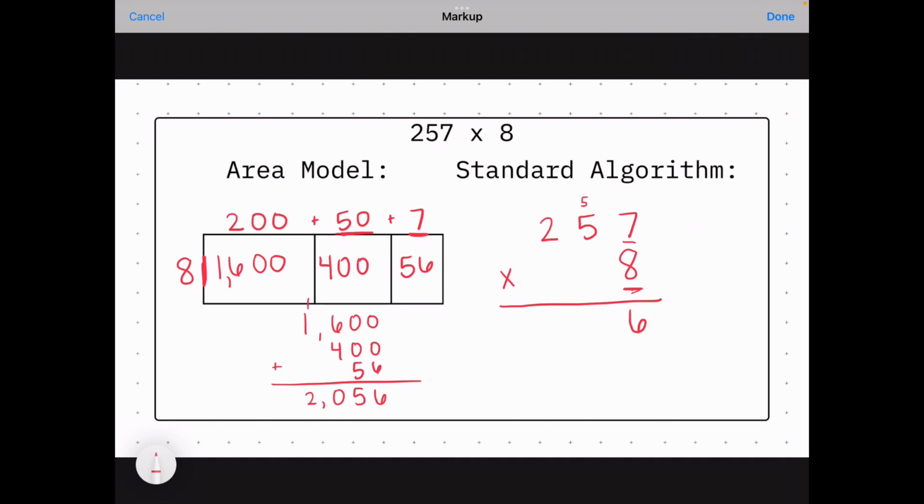Now I'm going to do 8 times 5 plus 5, so starting with 8 times 5 is 40, plus 5 is 45, so I'm going to carry my 4, drop down my 5. 8 times 2 is 16, plus 4 is 20. And I can just drop that down because I have nowhere else to carry it to. So again, my final answer is the same at 2,056.